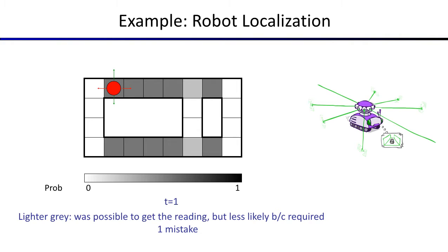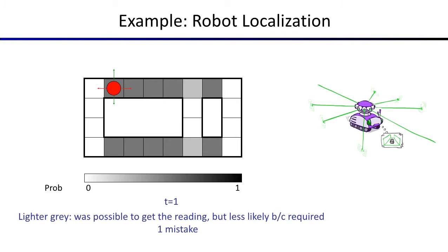Yeah? Because you wouldn't see a wall. Okay, yeah, so we know that these sensors might make mistakes, but they're not going to make that many mistakes. So what would it take for you to be sitting on the left side of the board and actually make the observation that we made here, that there's a wall above and below me? Well, the top one would have to be wrong, the bottom one would have to be wrong.